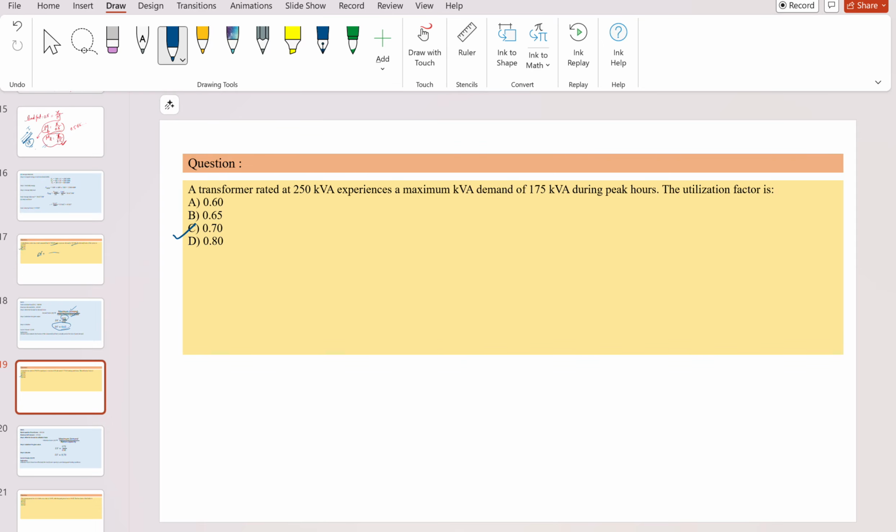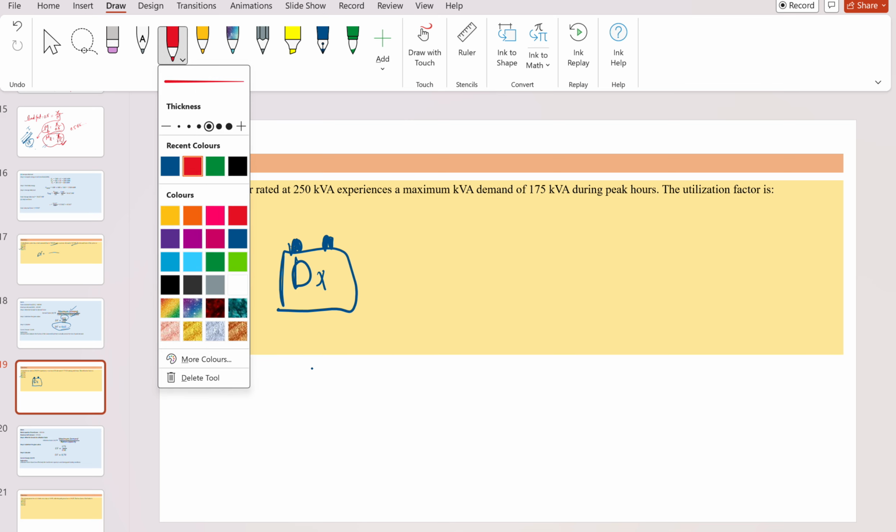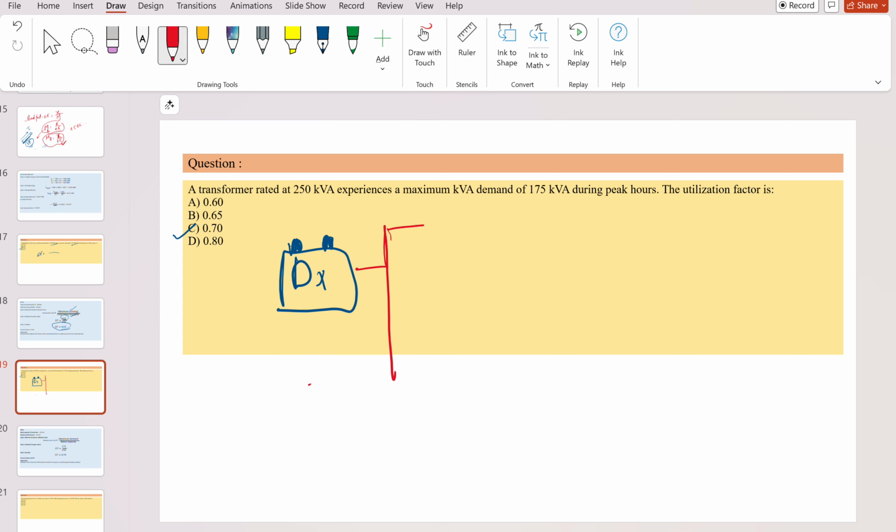Okay. So here there is a distribution transformer which we are seeing, and it is connected to different houses. Suppose this is house one, house two, and so on up to house n. It experiences a maximum demand of 175 kVA.